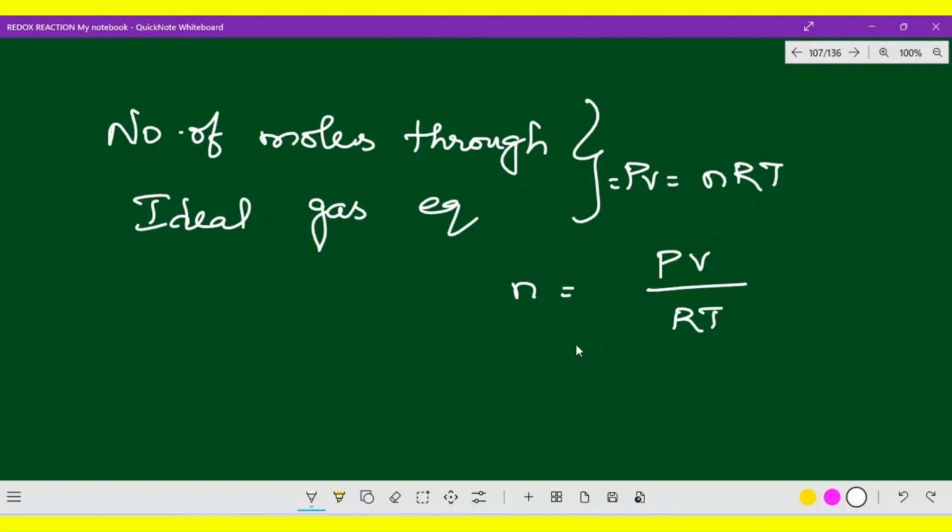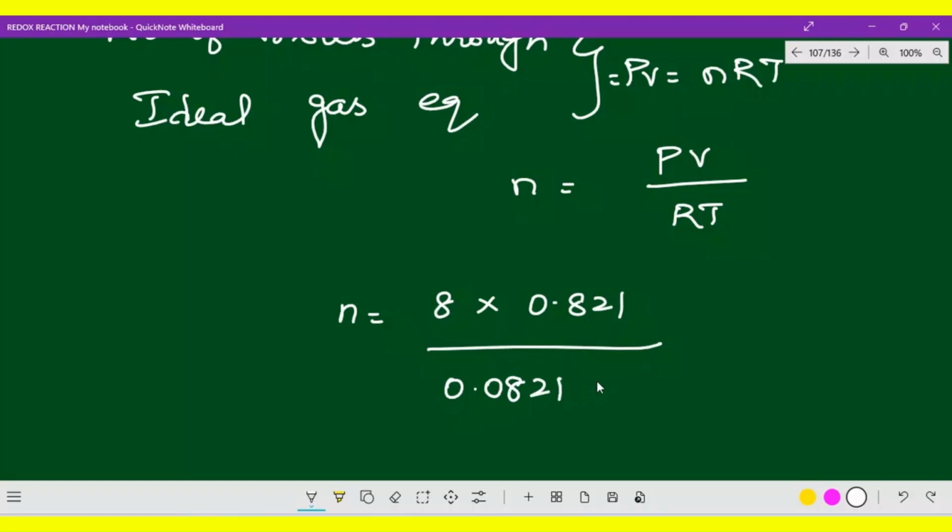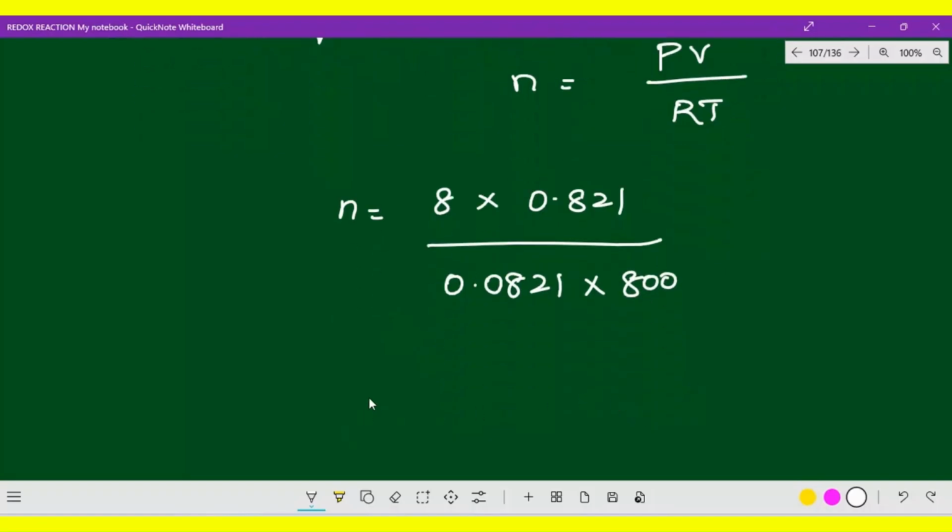Let us apply all the values: pressure 8 atmospheric pressure, volume 0.821, gaseous constant and temperature. So n equals 8 into 0.821 divided by 0.0821 into 800 Kelvin. Now what value are you getting? You'll be getting around 0.1 mole. So n equals 0.1 mole.